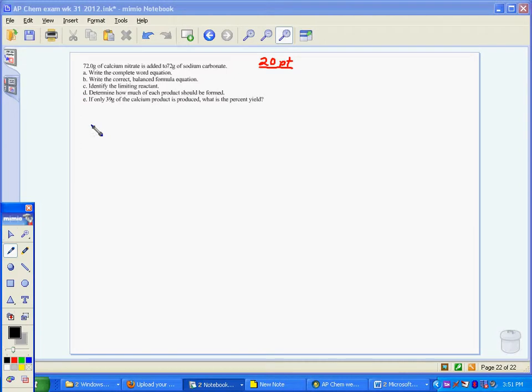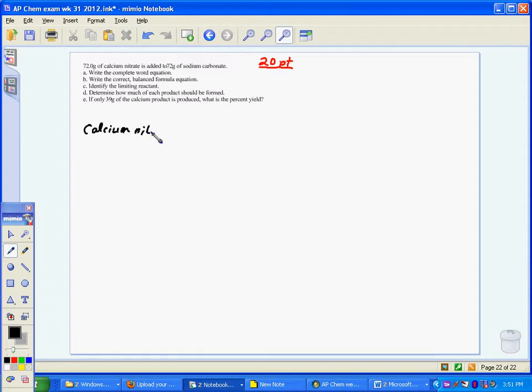So, calcium nitrate plus sodium carbonate is going to give you calcium carbonate plus sodium nitrate.